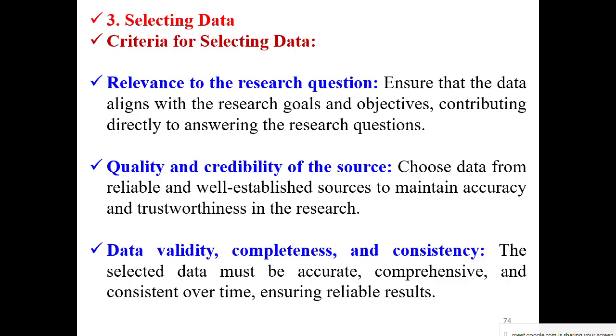Quality and credibility of the source: choose data from reliable and well established sources to maintain accuracy and trustworthiness in the research. Data validity, completeness, and consistency: the selected data must be accurate, comprehensive, and consistent over time, ensuring reliable results.